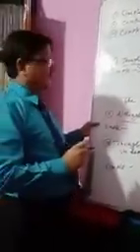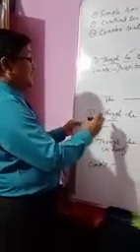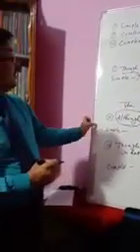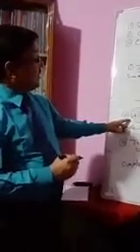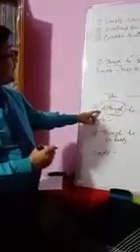Although he is poor, he is honest. It is also a complex sentence, because at the first of the sentence we can find although, so it indicates a complex sentence. Now we are going to change it into a simple sentence.